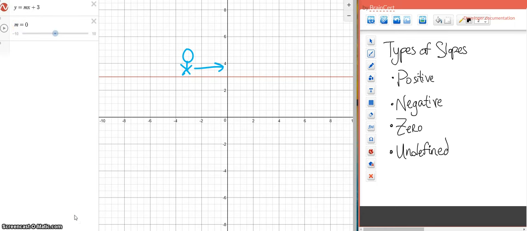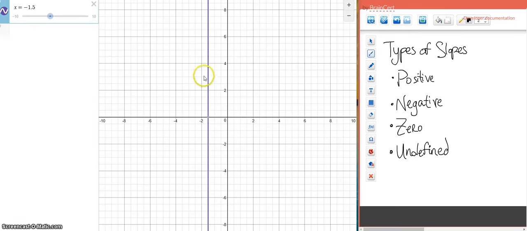We have one more example, one more different type of slope that we can see. In my last example, if I try to draw little slope man again, let's see, if I draw him right there, he's just going to fall down.